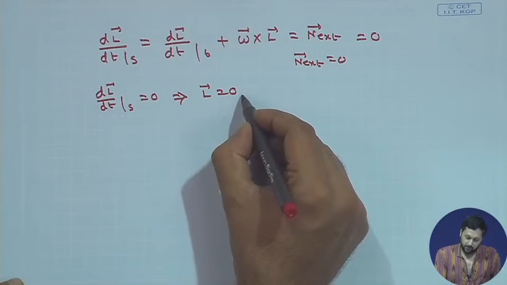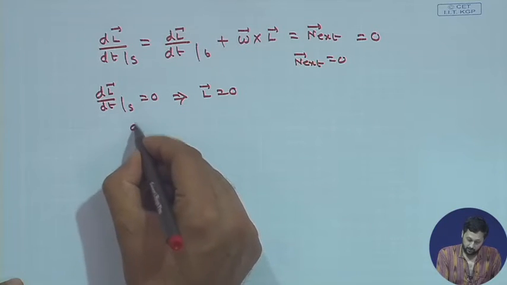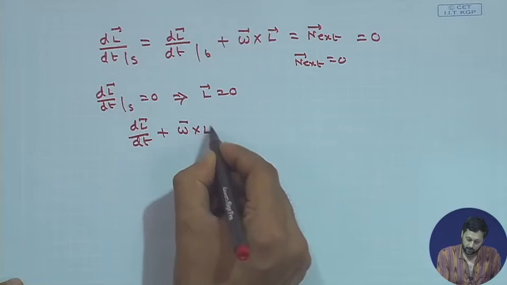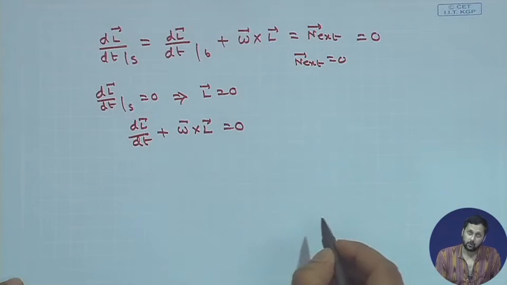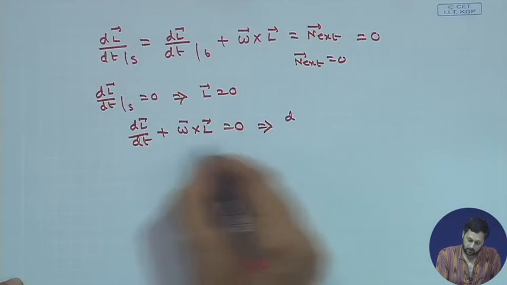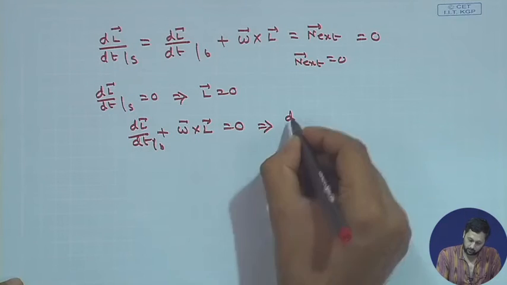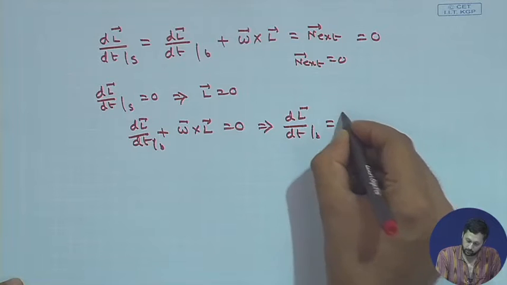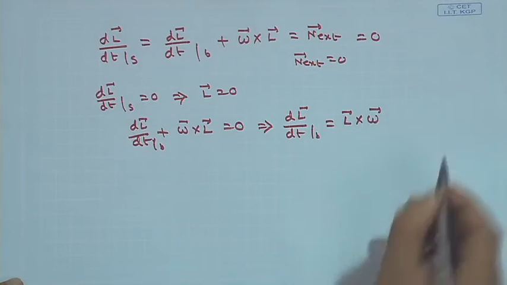Now, what happens in body set of axis is dL/dt plus omega cross L becomes 0, which implies, so we should write (dL/dt) body is equal to L cross omega.